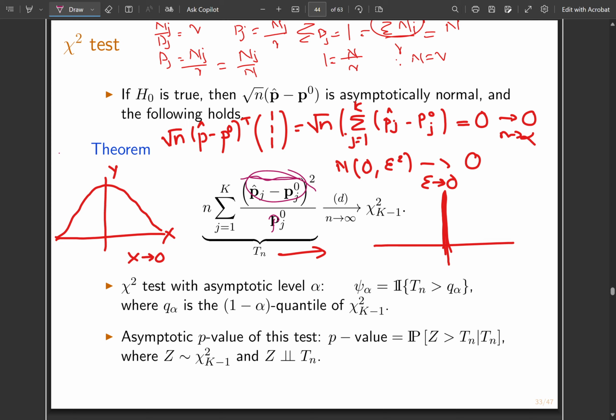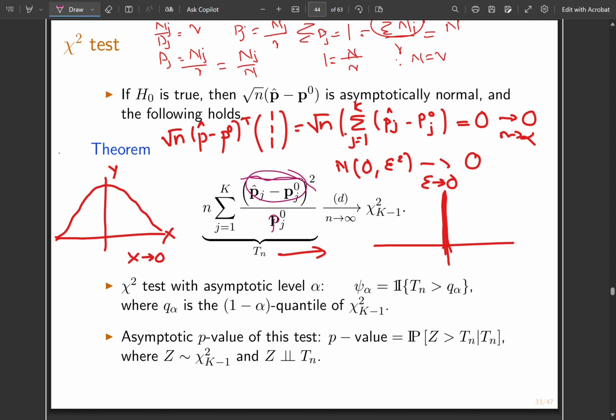This space is orthogonal to the all-ones vector, or unit vector, meaning the sum of the differences between the asymptotic probabilities p hat and the hypothesis probabilities p naught j is 0.